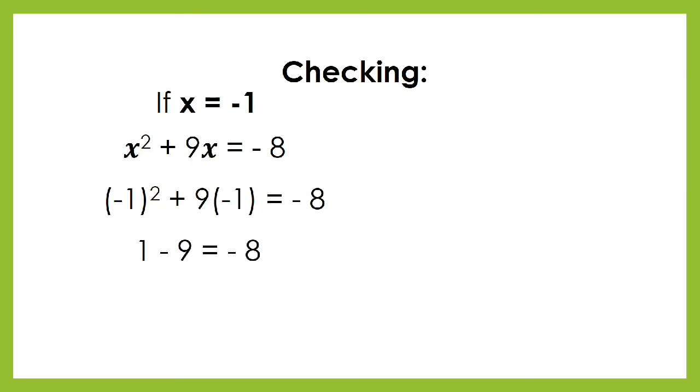Then simplify. The square of negative 1 is positive 1. Negative times negative is positive. Then multiply positive 9 times negative 1 is negative 9 equals negative 8. 1 minus 9 is negative 8 equals negative 8. So, this is equal. So, that is true.